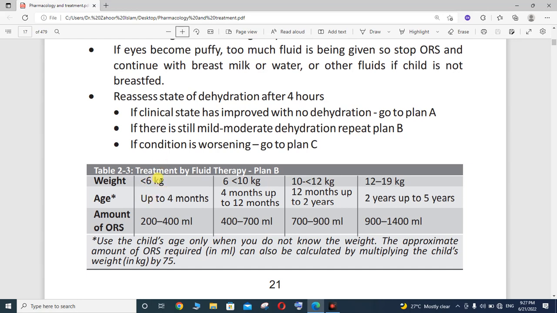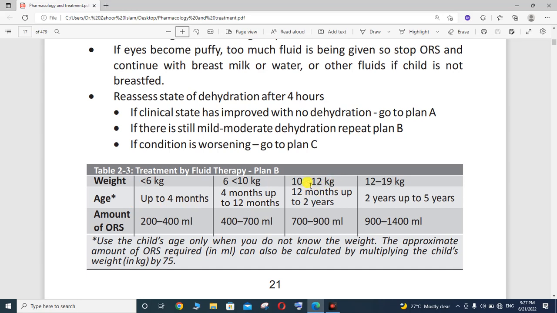Look at the age, look at the weight of the baby. According to the weight of the baby, we will increase the quantity of fluid needed by that particular patient. Here the age is up to 4 months, and here the age is 4 months up to 12 months.